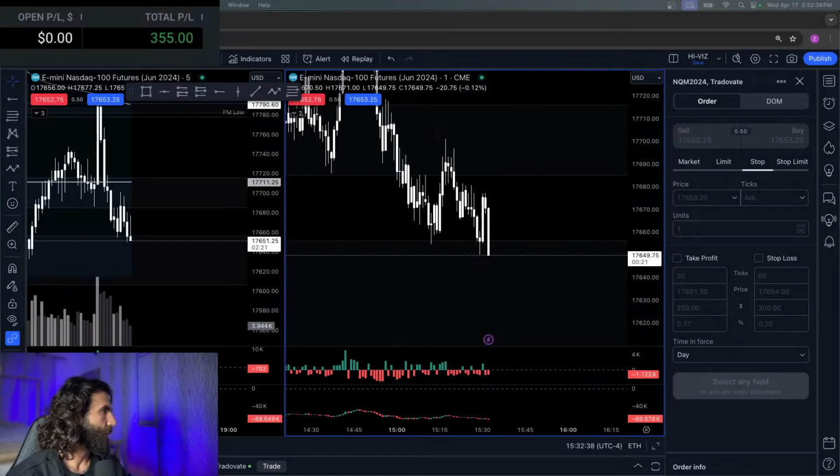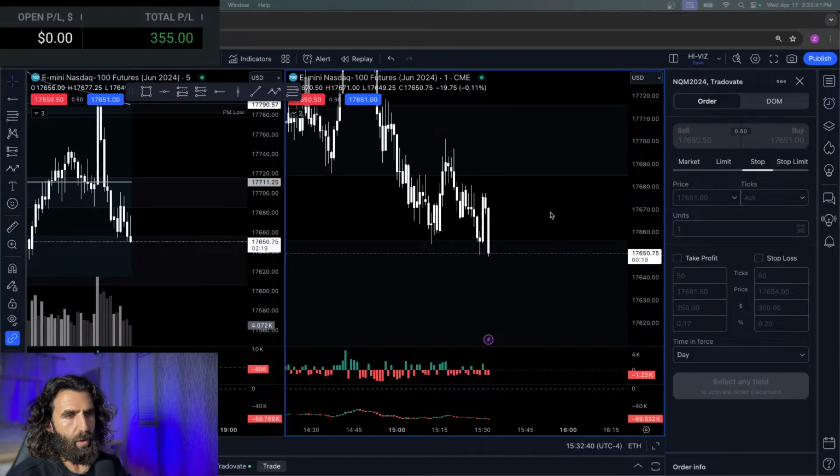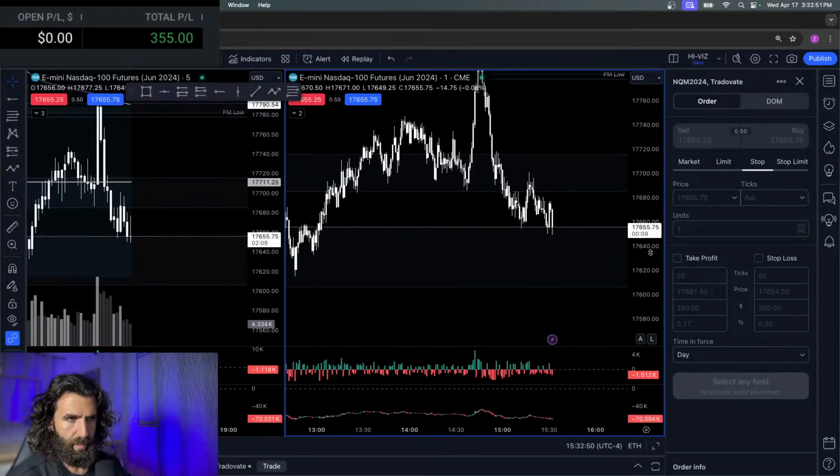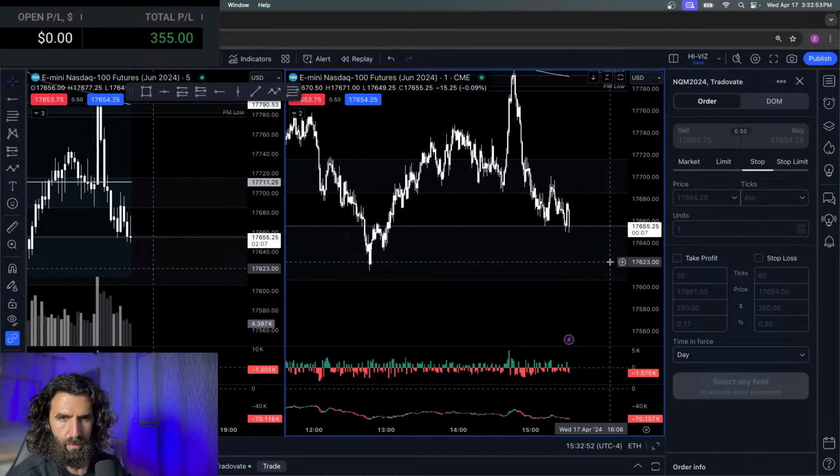What's up if you're just jumping on? We're having fun trading NQ Nasdaq futures towards the end of the day, 3:32 p.m., 3:33 p.m. Eastern. Like to see some volume, some volatility come into the market around this time.